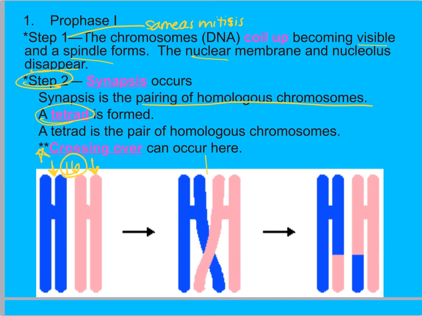Then they cross over. If you look here, you can see the blue and the pink. Your chromosomes from your mom and your dad have crossed over, and in the result, at the end, you'll notice that these chromosomes have portions of both male and female, from your mom and from your dad. So you're getting a little bit of genetic content from each parent.